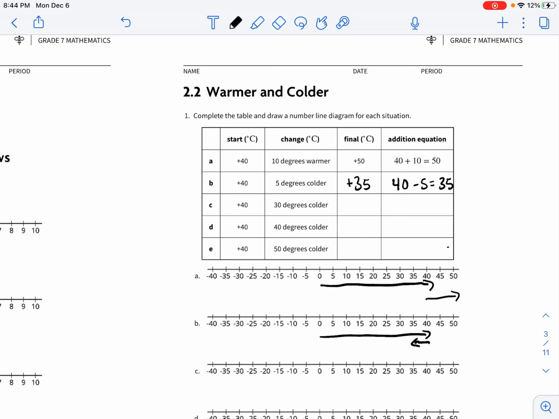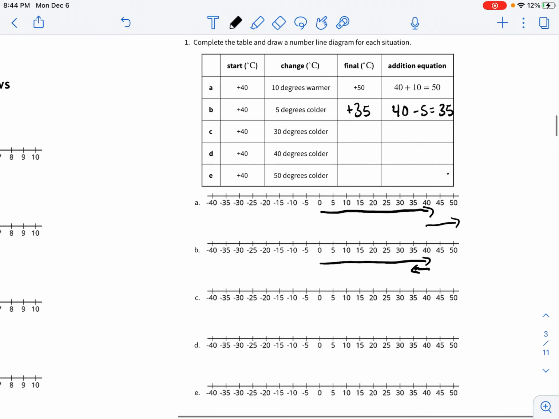Colder means we're subtracting. Next one, so 30 degrees colder. But once again, we start at positive 40, so now we'll go back 30. And we end up at 10. So this is a positive 10 degrees. Once again, that was 40 minus, because it's colder, minus 30 equals 10 degrees.